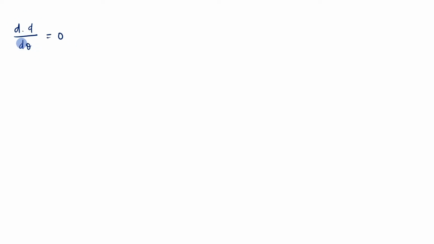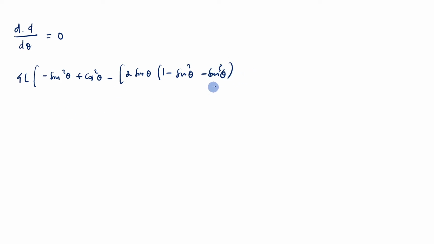So we can substitute this term by 4l times minus sine theta squared plus cos theta squared minus 2 sine theta times 1 minus sine theta squared minus sine theta cubed. We can move this term to the right side, so the yield is 0.